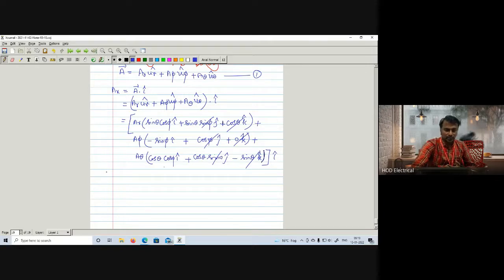So we can have a x equal to a r into sine theta cos phi, plus i dot i is equal to 1, then minus we can have a phi a theta i vector, then we will write a theta into cos phi into cos theta, then plus we can have minus a phi into sin phi.